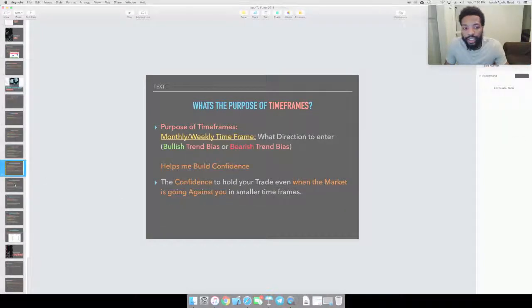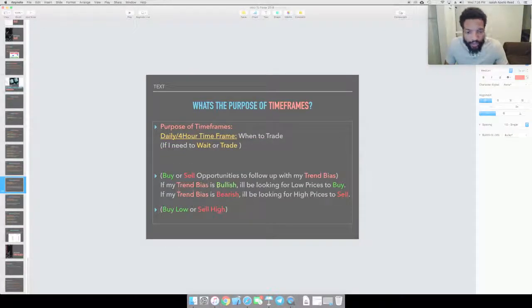So in the monthly time frame, if I'm bullish trend bias, that means I'm favoring the upwards trend more than the downwards trend. So if I'm favoring the upwards trend, I'll be looking for low prices in the market to buy. So I'll be looking at my daily time frame to look for a low price to be like, okay, now it's time to either wait for that low price or to buy. Okay, that's a good example.